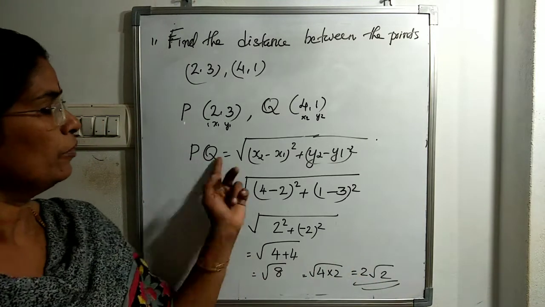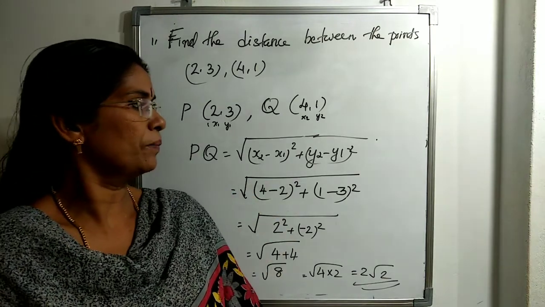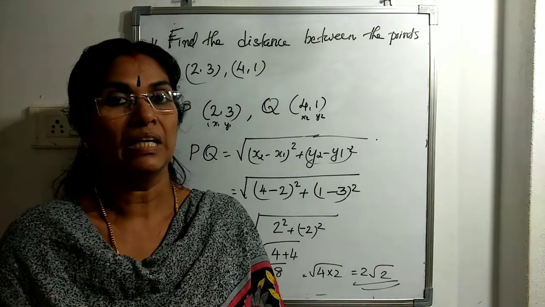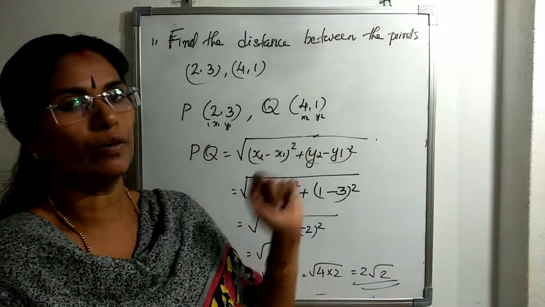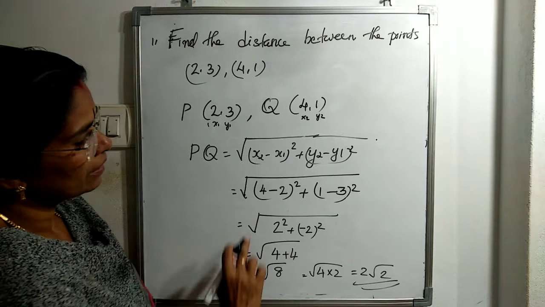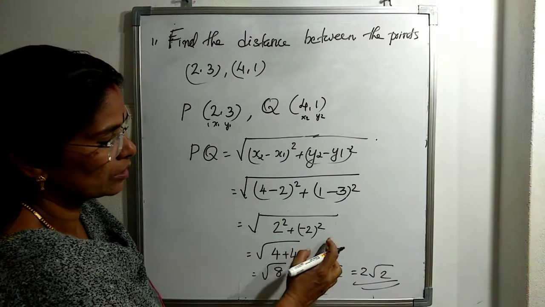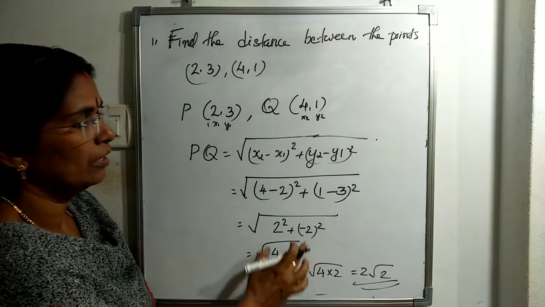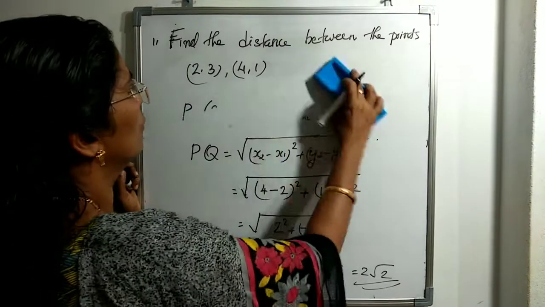So you want to know about that distance formula: (x2 minus x1) whole square plus (y2 minus y1) whole square, if two points are given like this, x1, y1 and x2, y2. See, here it is a positive number squared. Here it is a negative number squared. So both answers are 4 and 4. So the same formula we can write in this way also.